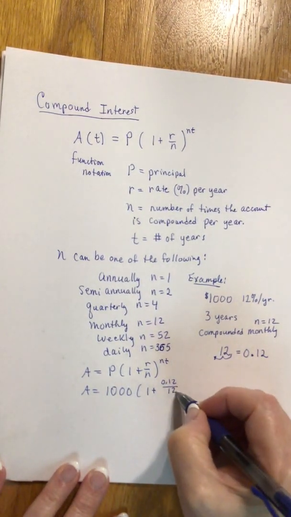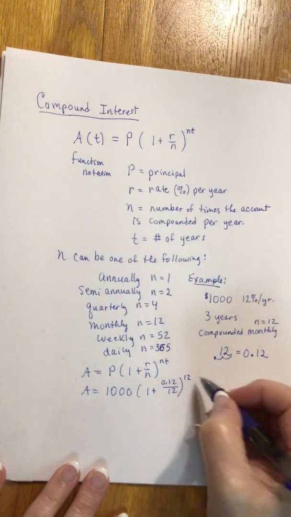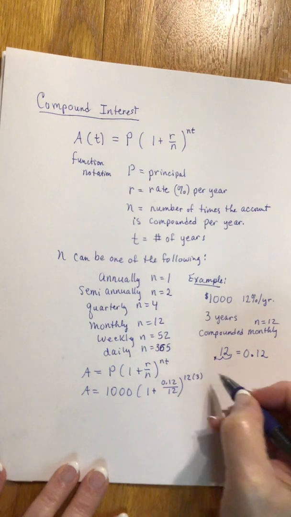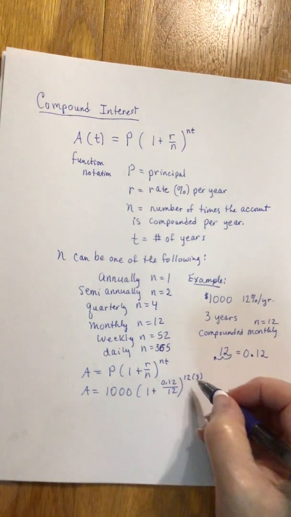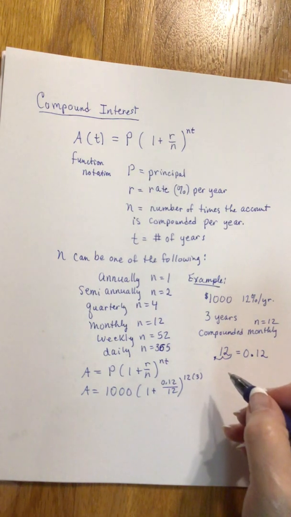So that goes in for n. And I have 12 for the n again, and then 3 is the number of years. Now, you know what 3 times 12 is in your head, so you can just put that into your calculator as a 36.